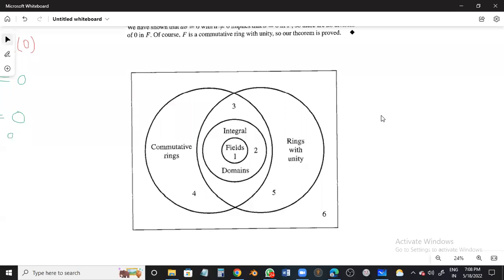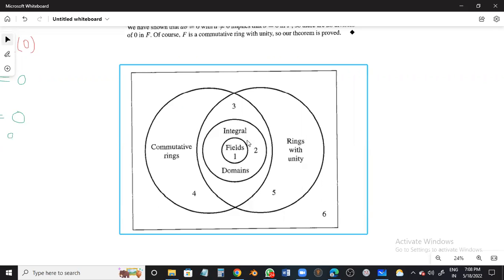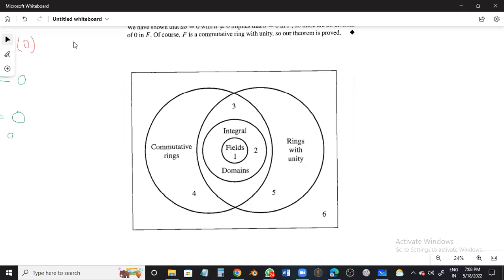What is a field? Field is a commutative ring with unity where every non-zero element has an inverse. Means every non-zero element is a unit element. This we have seen. And last time we have shown that every field is an integral domain.